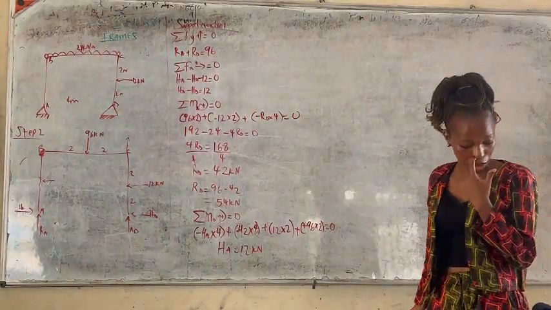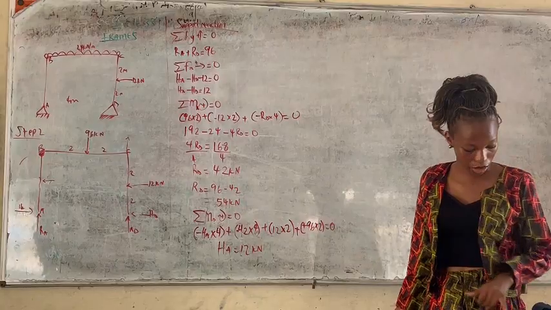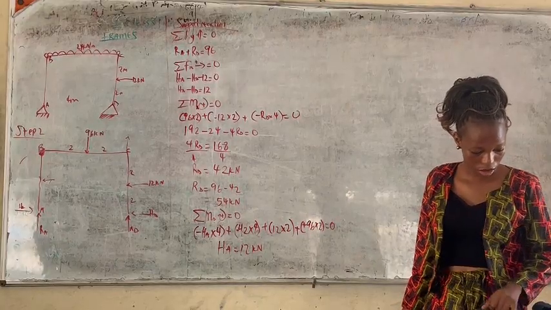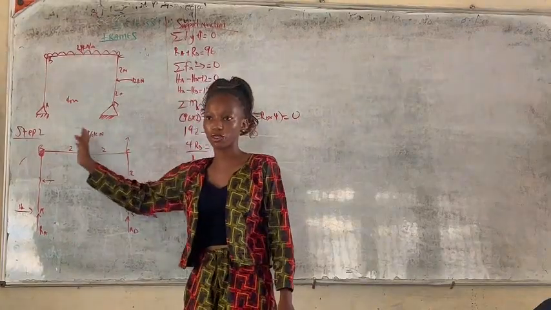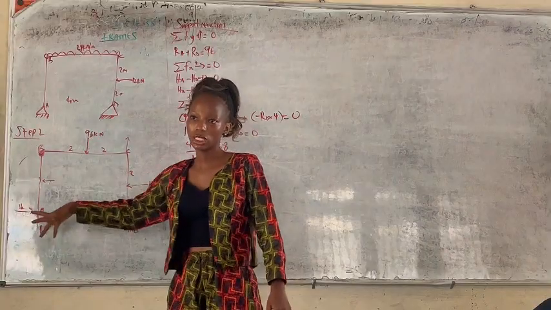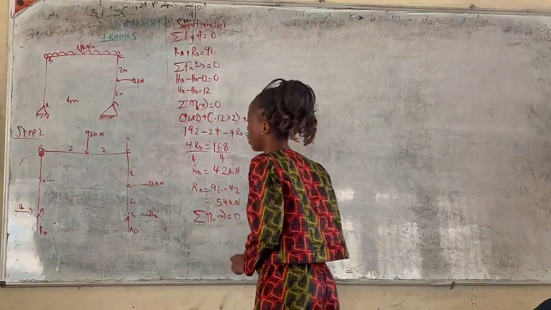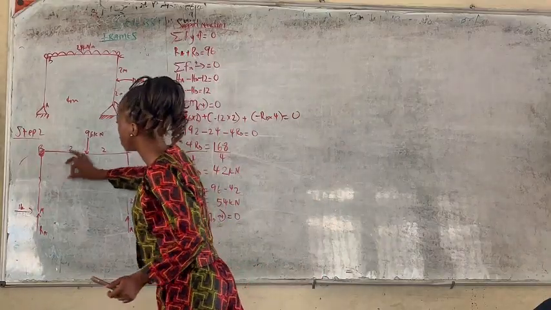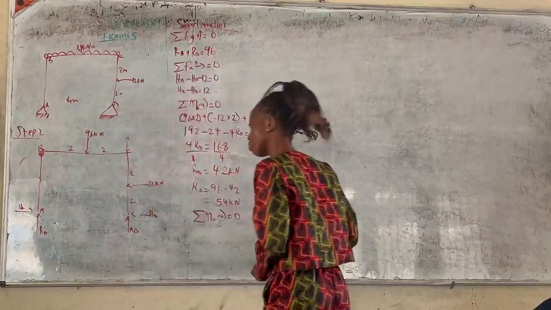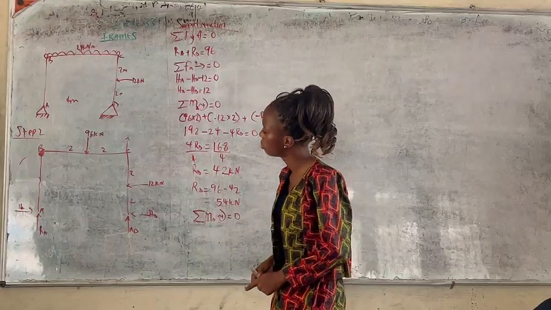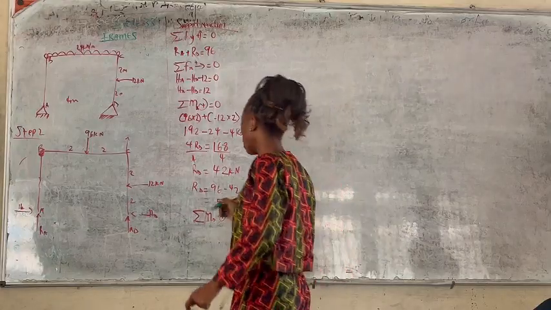That is actually how we are supposed to do it. The remaining part of the frame, pick only everything concerning that pin part. So now this one we are going to have what? We don't have any business with this, so we are going to have what?